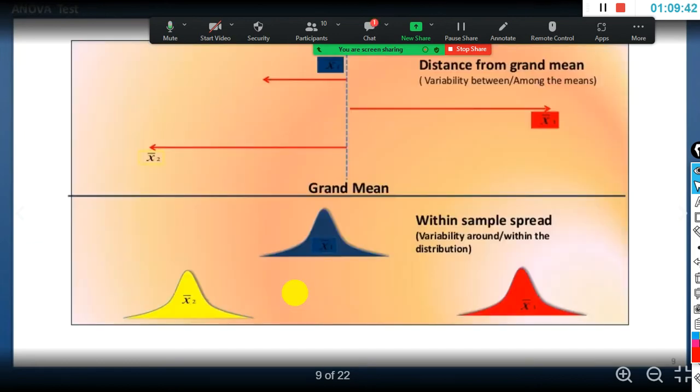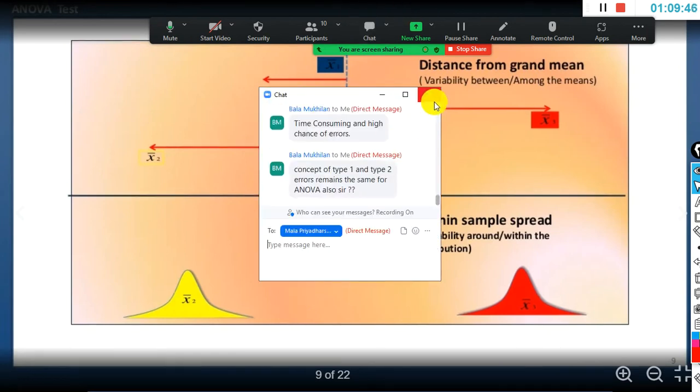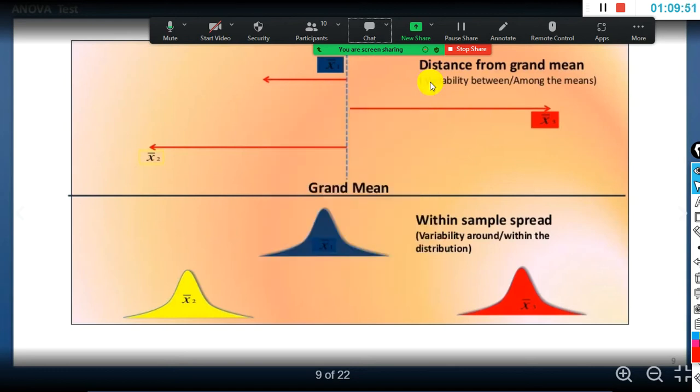So to understand the formula you need to use to find the F statistic, let us not jump into type 1 or type 2 error. First let us go step by step. Here the x1 bar is falling exactly on the grand mean, and you need to find the distance from the grand mean.